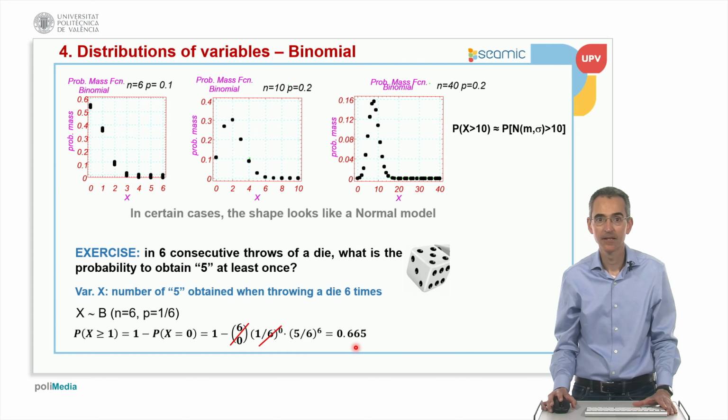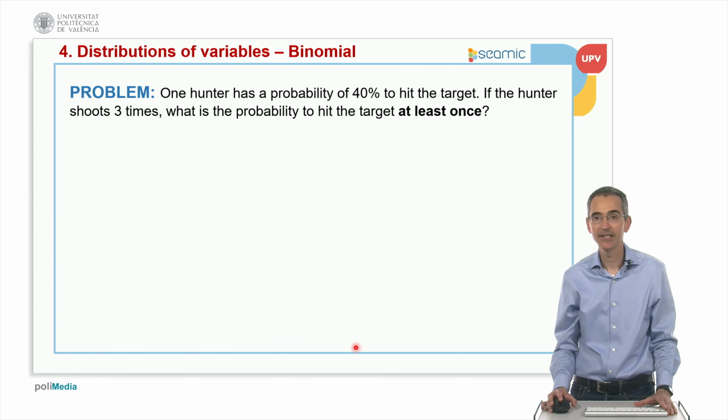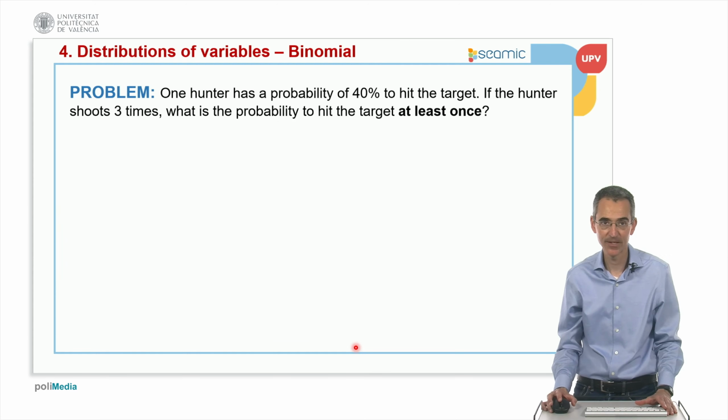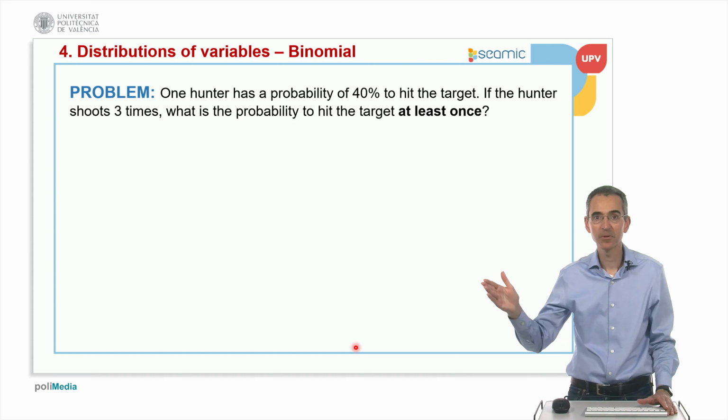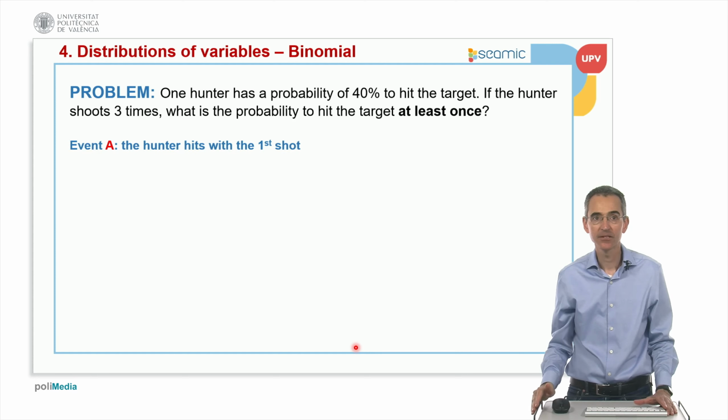Good. And another exercise could be the following. Imagine that a hunter has a probability of 40% to hit a target. If the hunter shoots 3 times, what is the probability to hit the target at least once? The event would be that the hunter hits with the first shot.